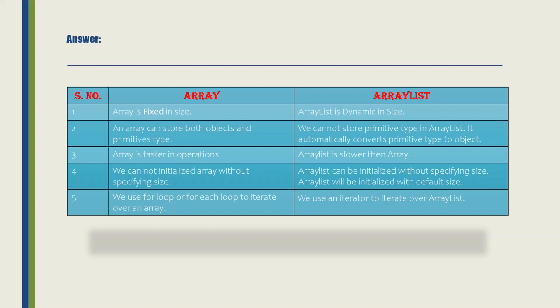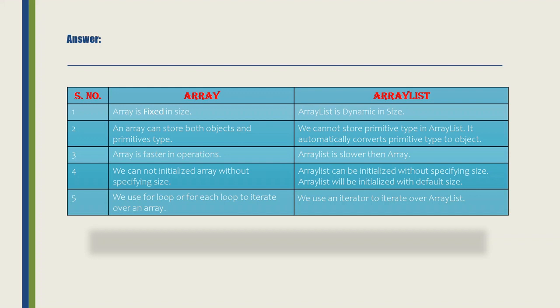Now if we talk about the differences, you can answer it like this: array is fixed in size, whereas array list is dynamic in size, because array list will change its size based on the elements we add into the array list. So an initial default size will be there, then as the elements increase, array list will dynamically increase its size.